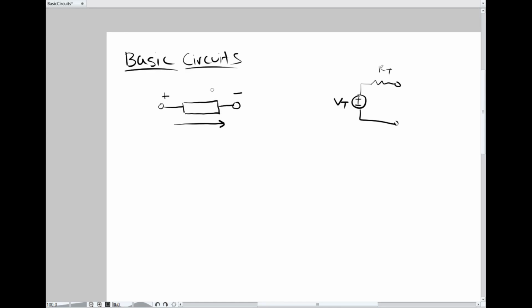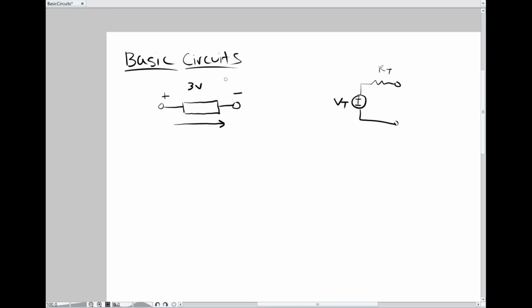Now, you can define these abstractly. You could say voltage is just some arbitrary property that says there's something different about one side of the element as opposed to the other, right? So 3 volts means that somehow this side is something that's measured by units of volts, and it's 3 of them higher than this side.